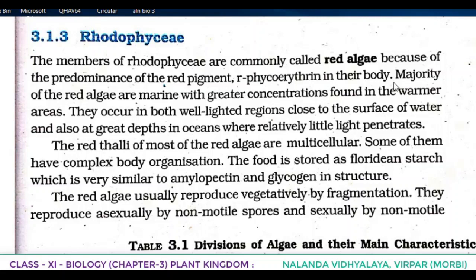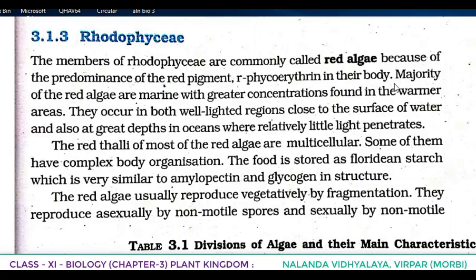Chlorophyceae, commonly known as green algae, the pigments present are chlorophyll a and b. Because of that they are seen as green in color. In Phaeophyceae, the pigments present are chlorophyll a, chlorophyll c, carotenoids and xanthophylls, and mainly because of the amount of fucoxanthin they are found in various shades of brown color.